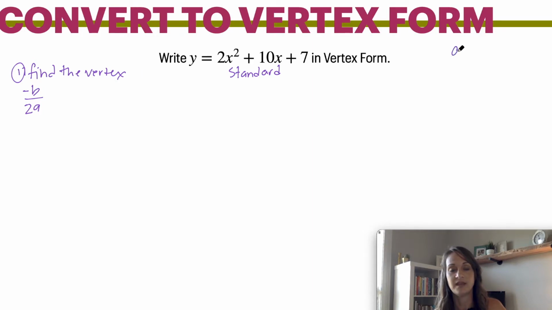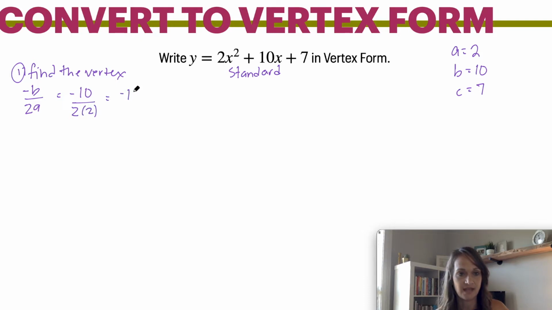We know that a represents 2, b represents 10, and c represents 7. So -b over 2 times a is going to give us -10 over 4, which gives us -2.5. So that is the x coordinate of the vertex, and now we need to find the y coordinate.